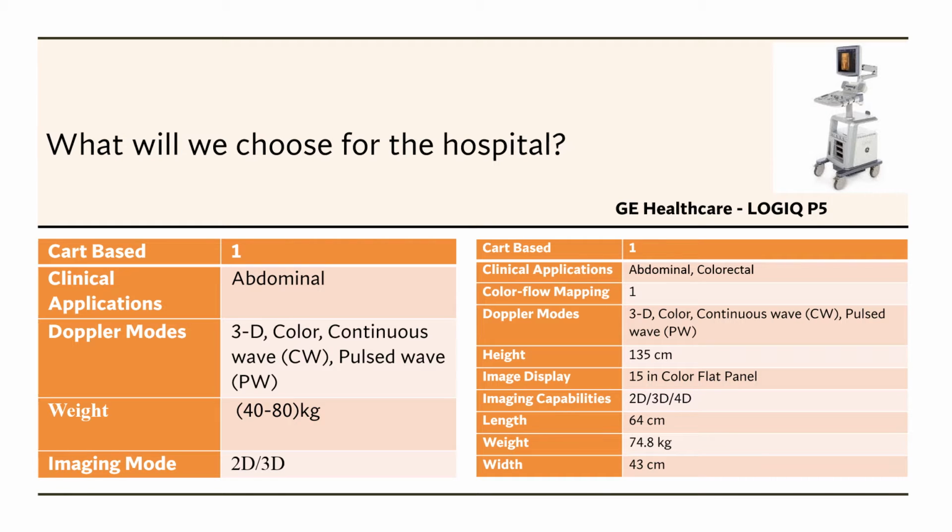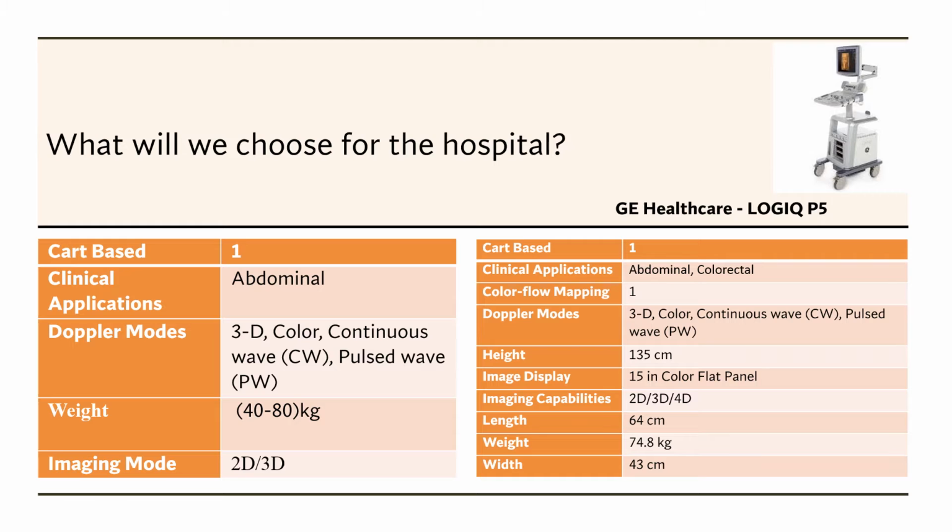Now, after we finish reviewing the devices, we must choose for the hospital. So we choose GE Healthcare Logiq P5 because it meets the specifications we set, and the device has good extras.